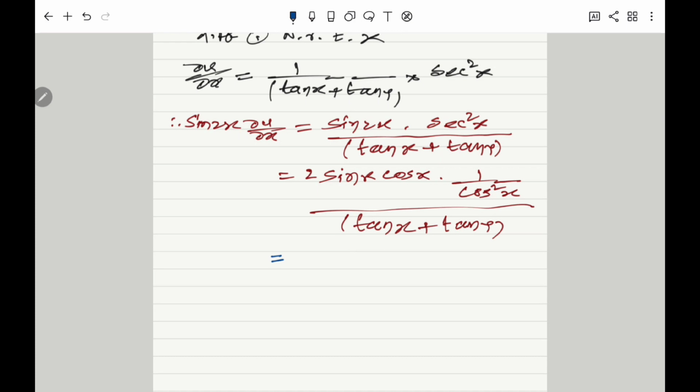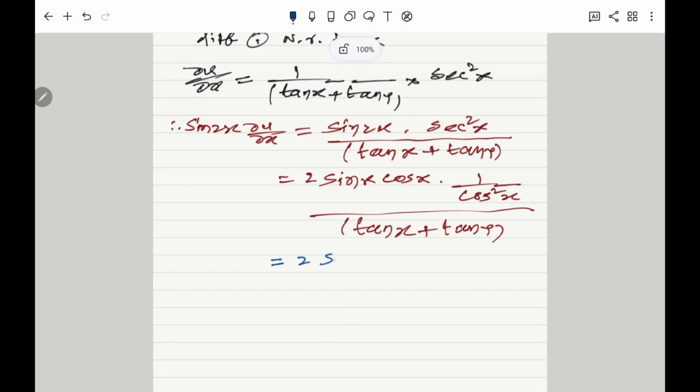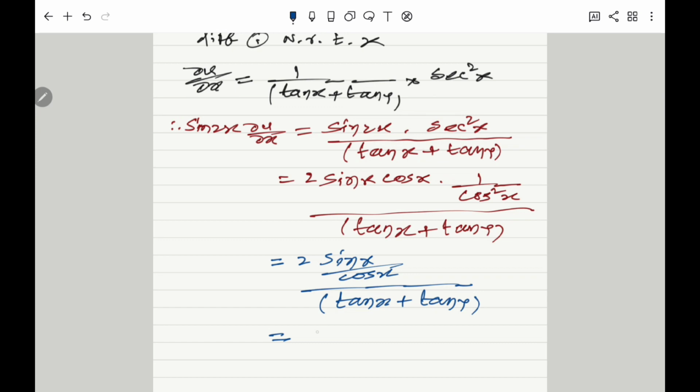One cos gets cancelled, therefore the remaining terms are 2 sin x divided by cos x, and whole divided by tan x plus tan y. It is nothing but sin by cos, which is tan, therefore it is 2 tan x whole divided by tan x plus tan y. We call this equation 2.